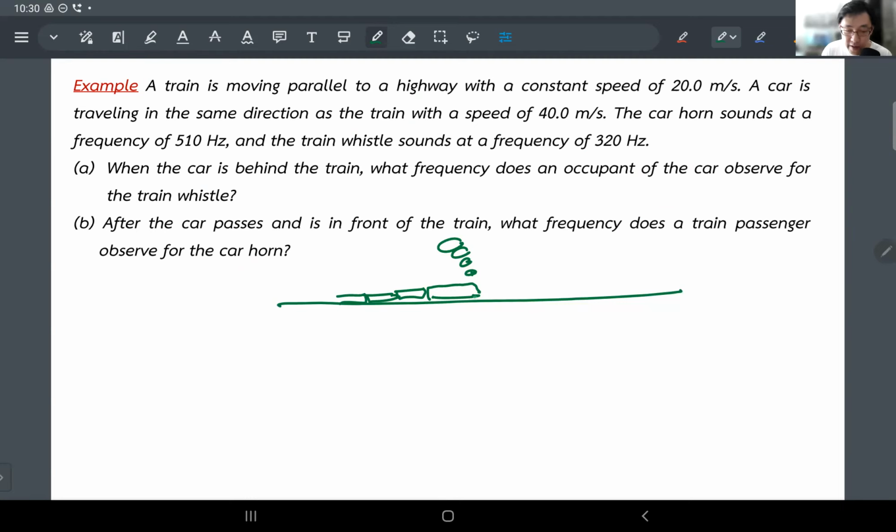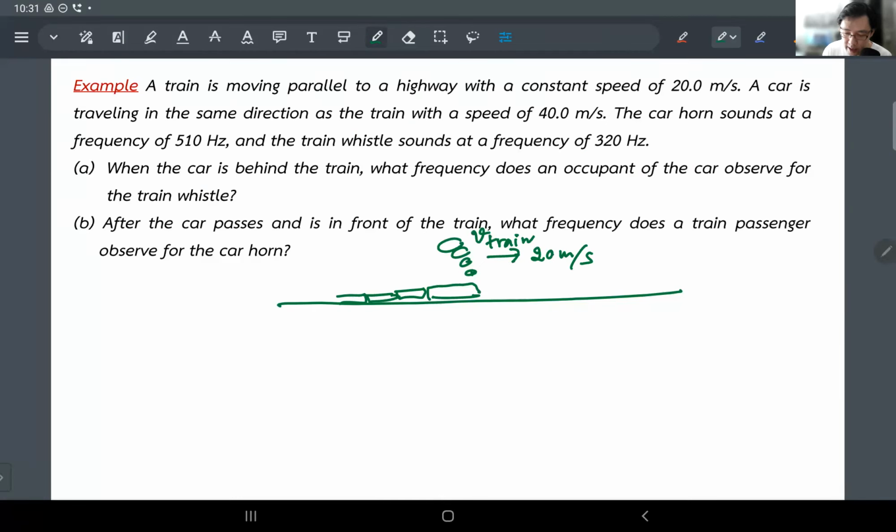What we have over here is the train that is traveling at the speed of 20 meters per second. Let me call this speed of the train V sub train. Now there is a car, and let's look at part A. When the car is behind the train, what frequency do the occupants of the car observe for the train whistle?